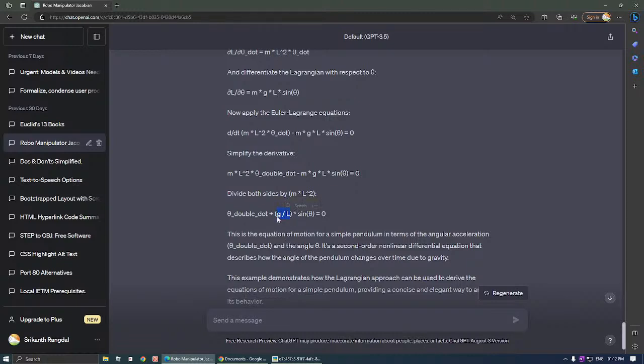So for a given pendulum, these values remain constant. If we know the value of angular acceleration, we'll be able to find the position at which it's located, or provided we know the location, we'll be able to find the angular acceleration at this particular point.